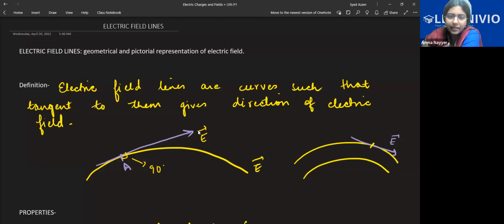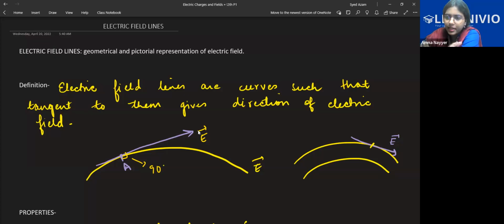The question can give you a random figure with a charge, and ask you to identify which property has been used. Or it can even ask in your MCQs, where different figures will be given, which of the above is incorrect, so a wrong figure will be there amongst them. That's how the questions come from electric field lines. It's a very easy, theoretical topic. Just remember its definition and the properties.